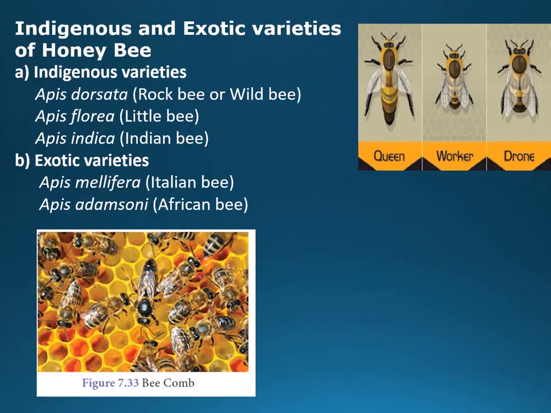As indigenous and exotic varieties: Apis dorsata, also known as rock bee or wild bee, Apis florea, little bee, then Apis indica, Indian bee. Then exotic varieties, Apis mellifera, Italian bee, and Apis adamsoni, African bee.